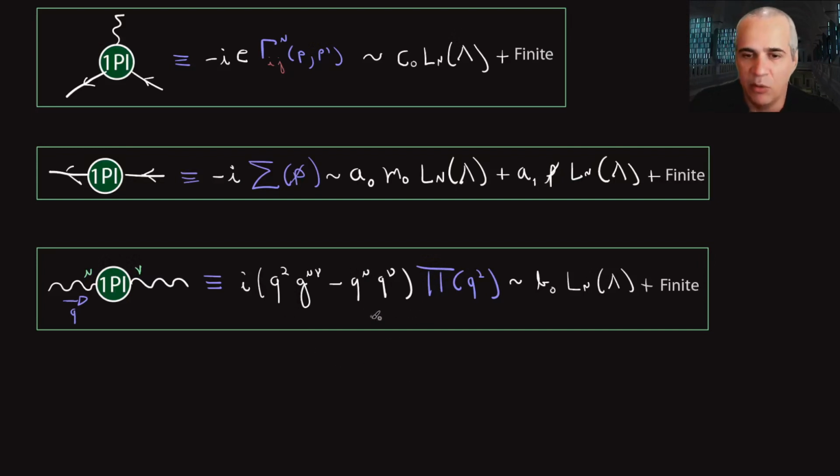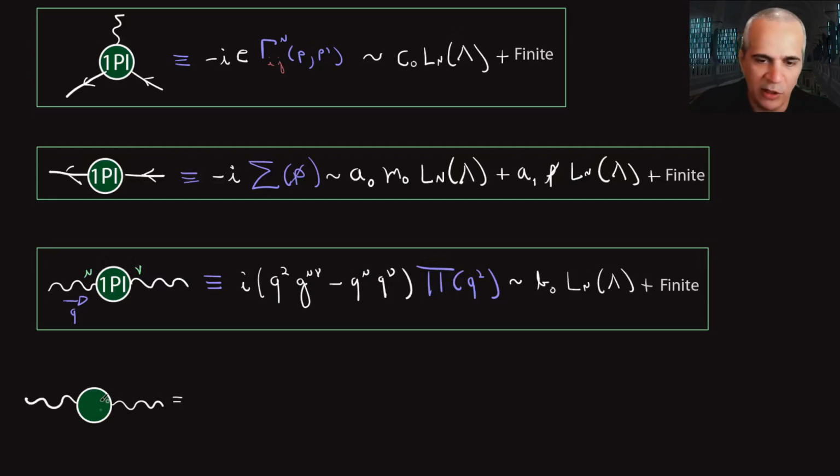So let's take a look at what happens to the full photon propagator once I accept that, in order to satisfy Ward identities, I need to have this form for the self-energy. So let's take a look at this object right here. Now this empty bubble here means all connected diagrams, not just the 1PI diagrams.